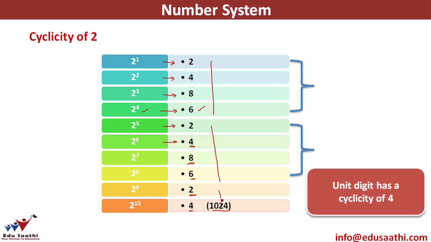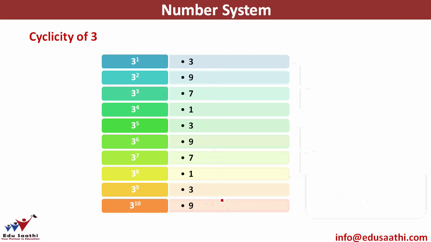Let's look at the case of 3 now. If I am looking at the cyclicity of 3, I will follow the same thing. 3 raised to power 1 ends up in 3. 3 square, 9. 3 cube, 27. I will keep 7. 3 raised to power 4, 81. I will keep 1. 3 raised to power 5. So I will only keep the unit digit and I will not keep the rest of the digits. If I keep on writing the unit digit, I will observe that they again have a cyclicity of 4.